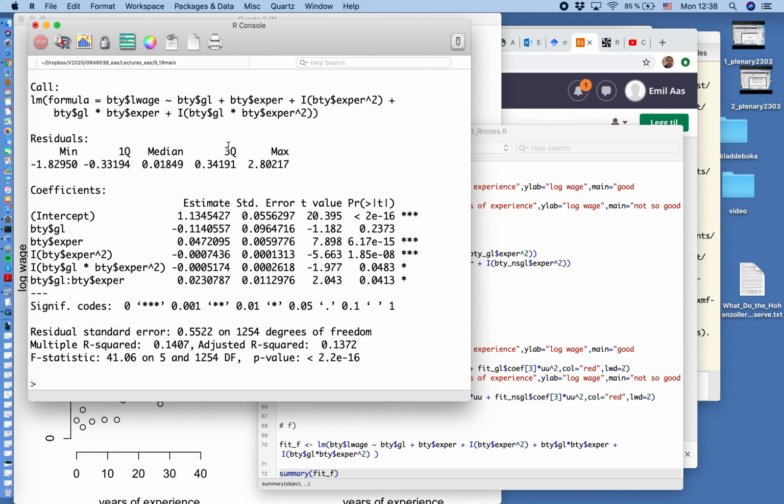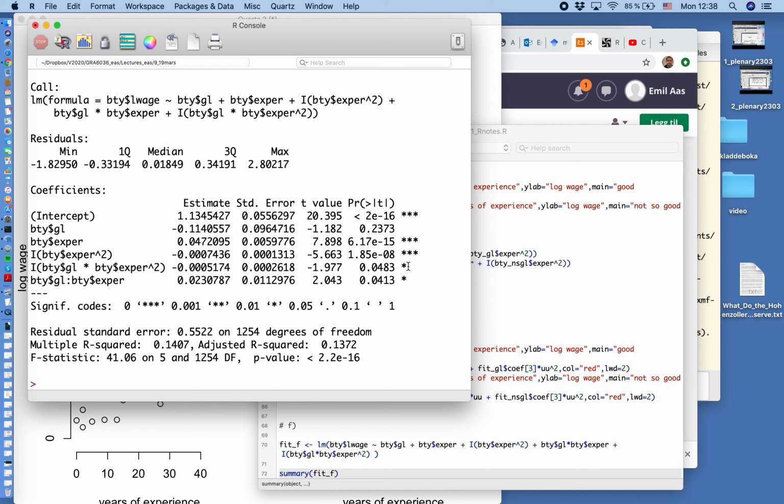So here we are, and now we see what we saw in the last two regression model outputs, that the effect of the interaction terms are significant at the 5% level. So in this data it seems to be some difference in the effect of experience in the two groups.